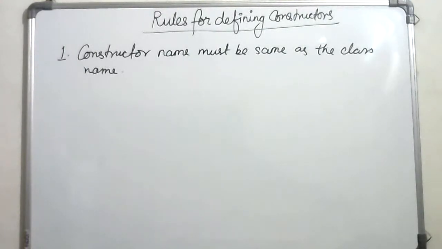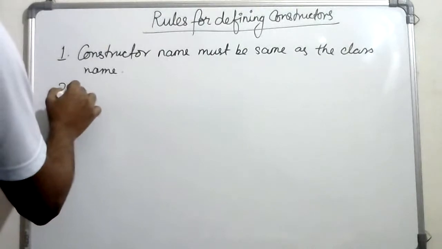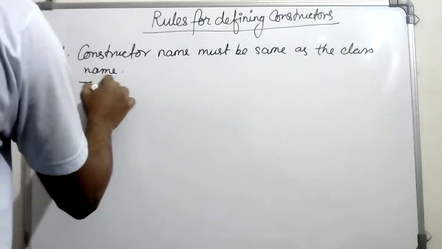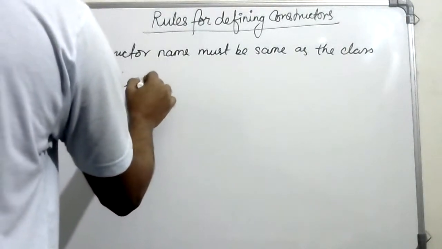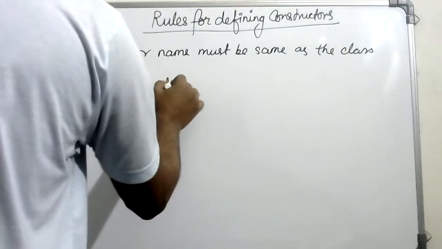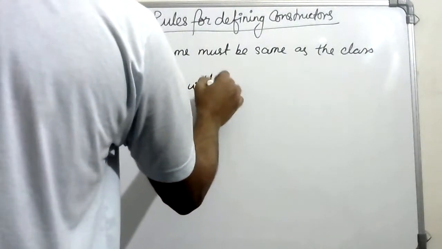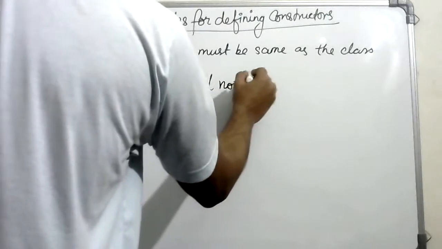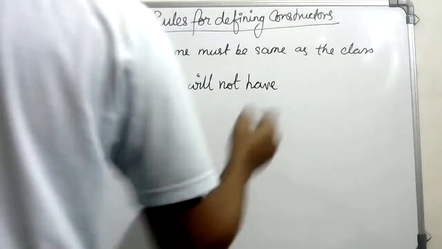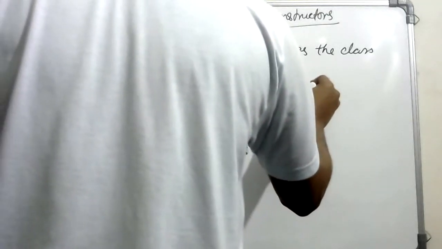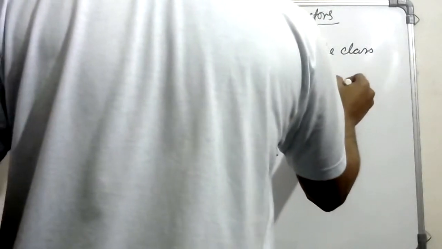That's the first rule. The second rule is the constructor will not have a return type. So the constructor will not have an explicit return type.